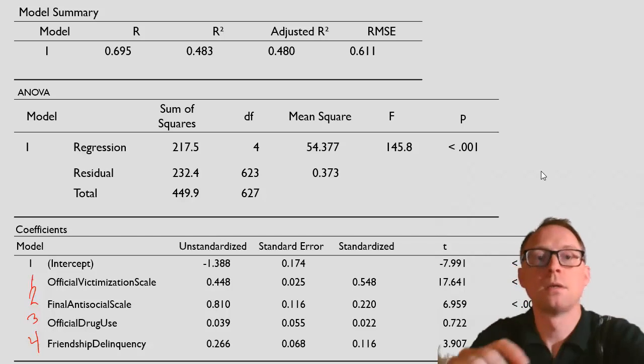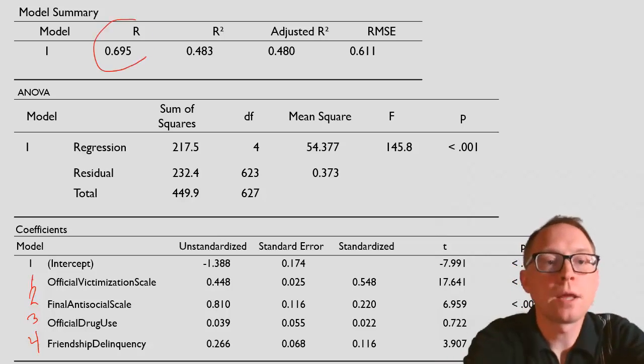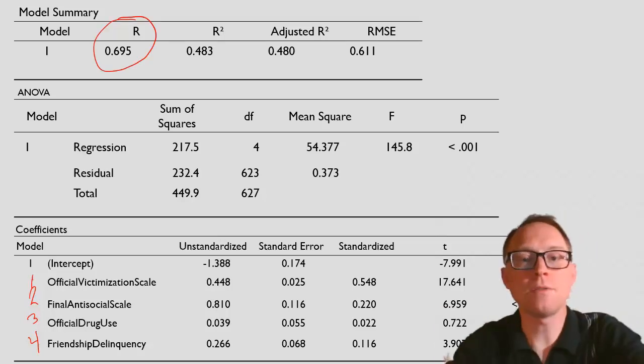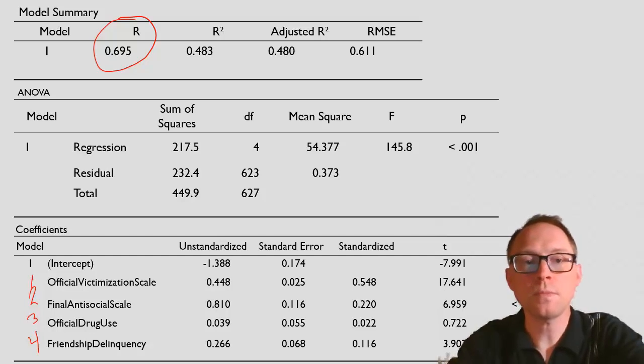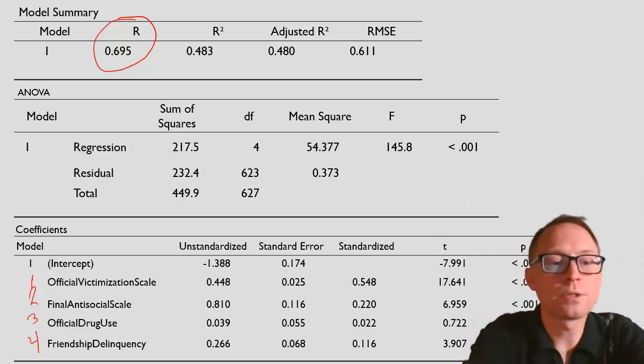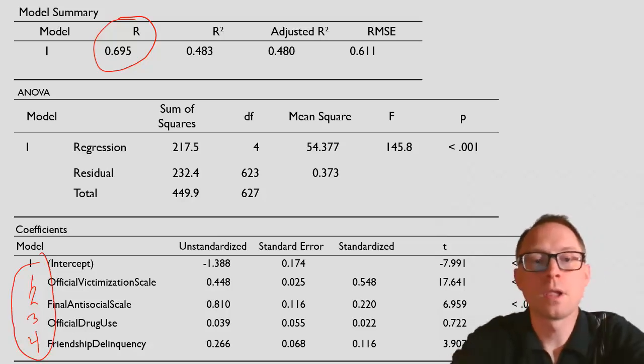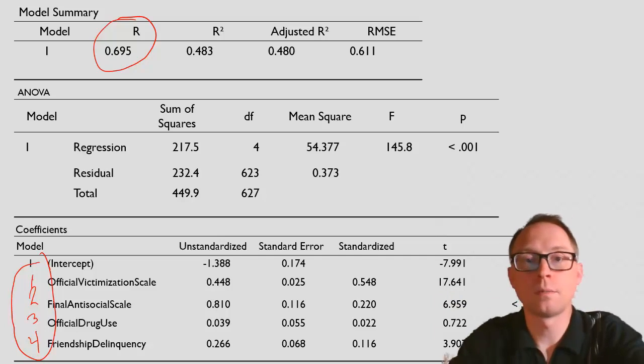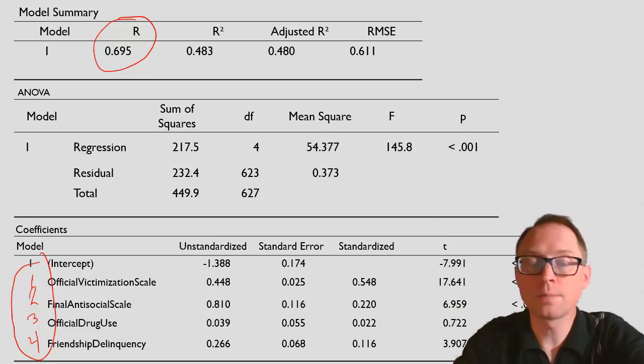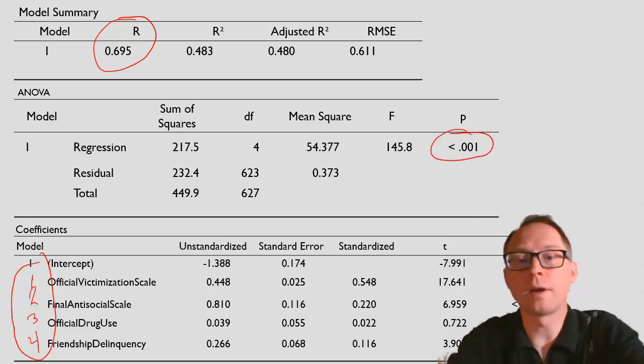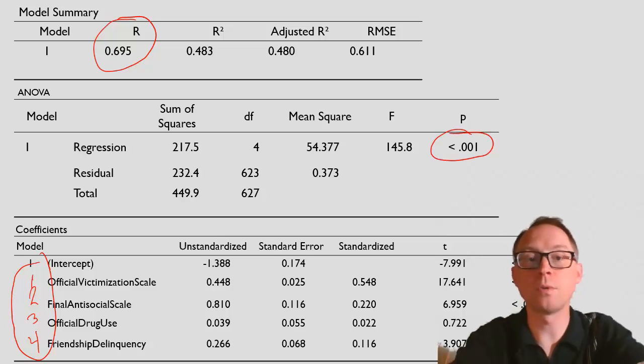The answer is yes. This right here, 0.695, that R, is telling us that those 4 predictors, the ones that we discussed right here, predict bullying behavior. Now, is it significant? For that, we look down here at the ANOVA, and we're looking at this p-value right there. That p-value is less than 0.001.